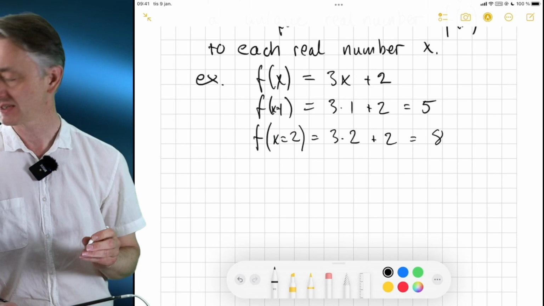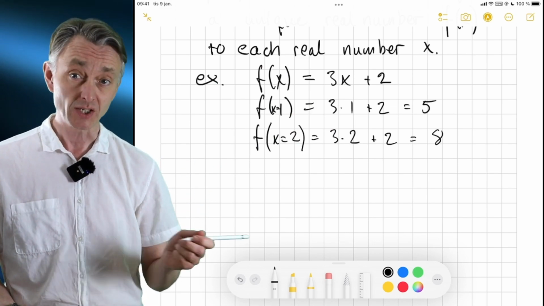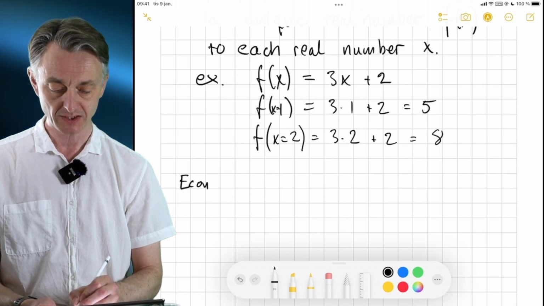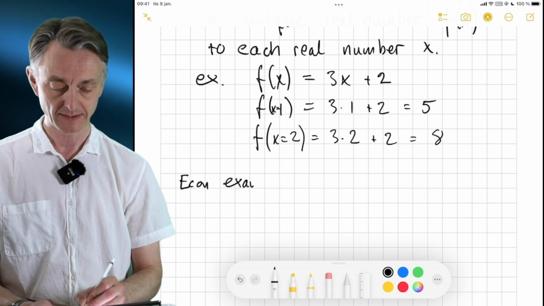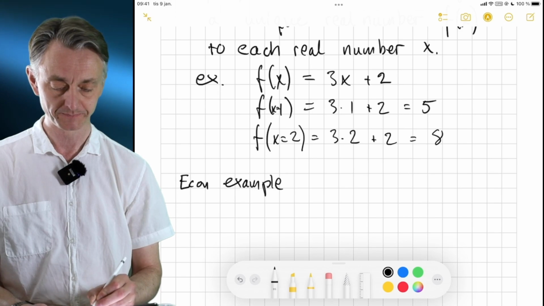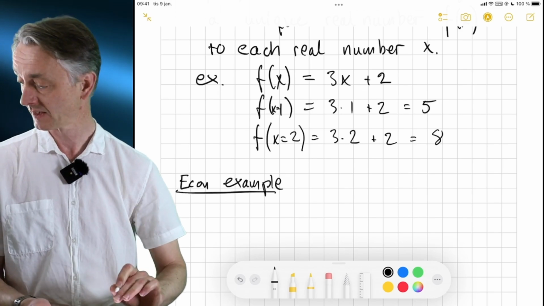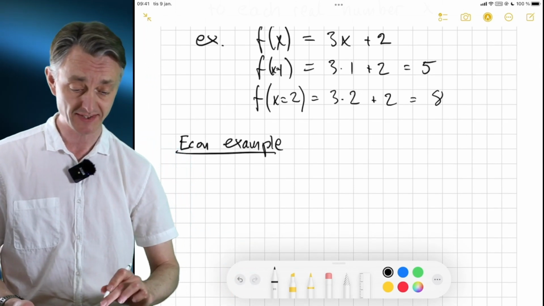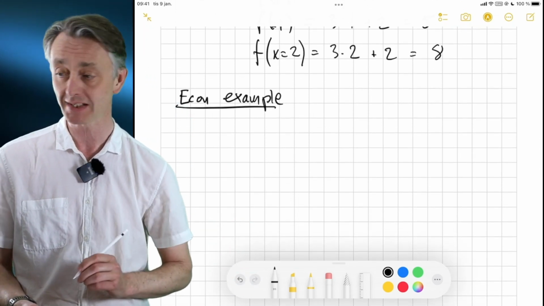Let's now look at one example from economics. So we call that an econ example. So let's consider a firm that's interested in its profits, as quite usual in this field.